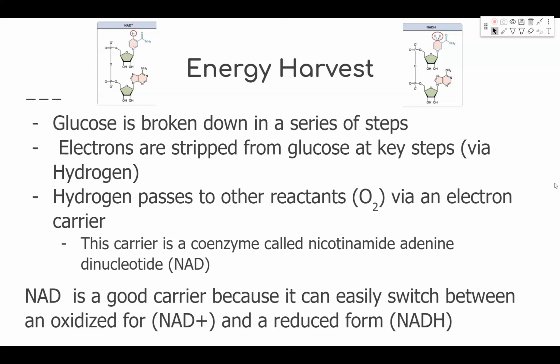So this is how our electrons get off of glucose. We've taken those electrons off of glucose and we put them on a carrier. But now that they're on a carrier, we still need to synthesize ATP. We need to get from our carrier to our end product.